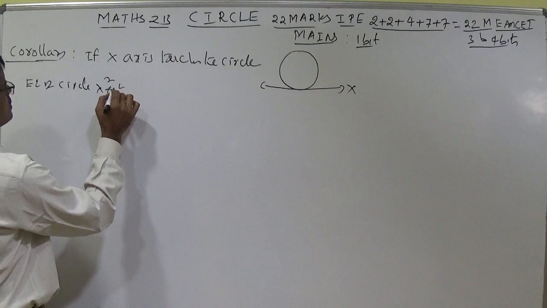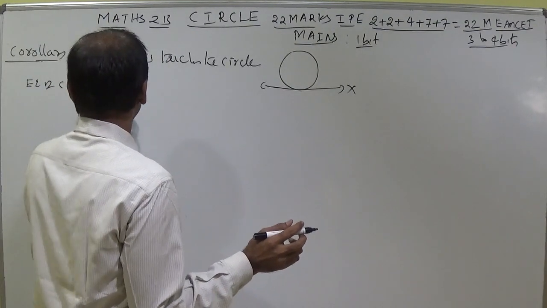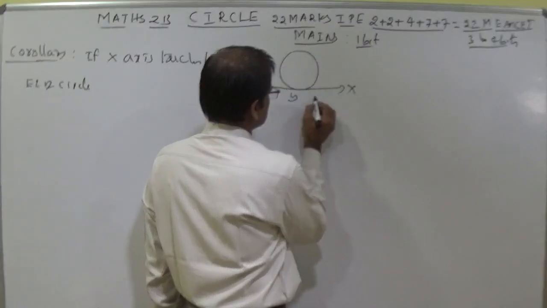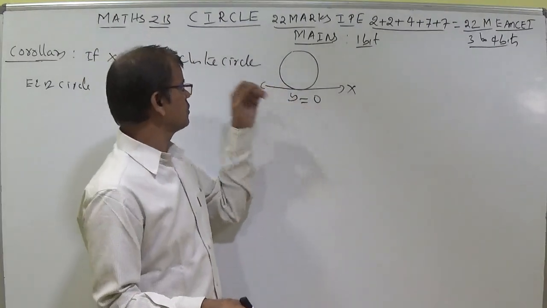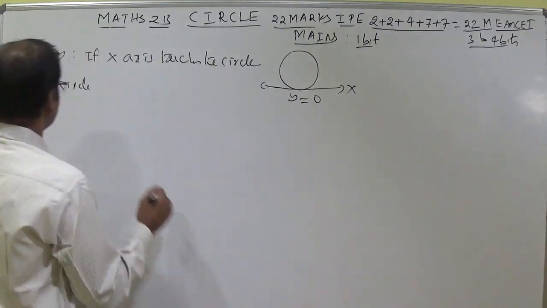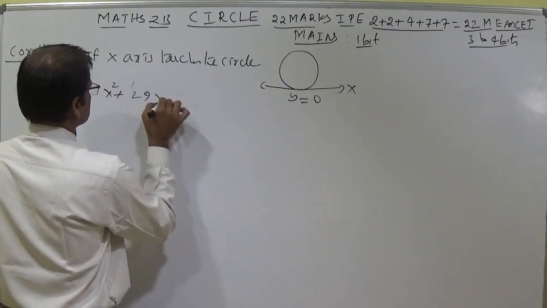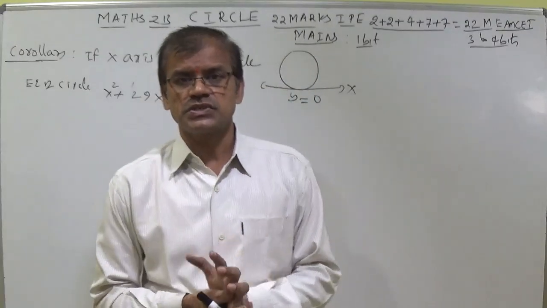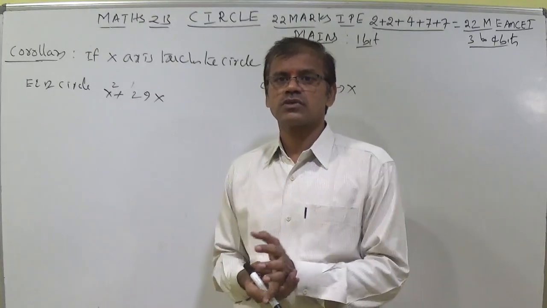The equation of the circle is the general equation x square plus y square plus 2gx plus 2fy plus c equal to 0. Here the x-axis equation is y equal to 0. Therefore, put y equal to 0, then you can write x square plus 2gx plus c.